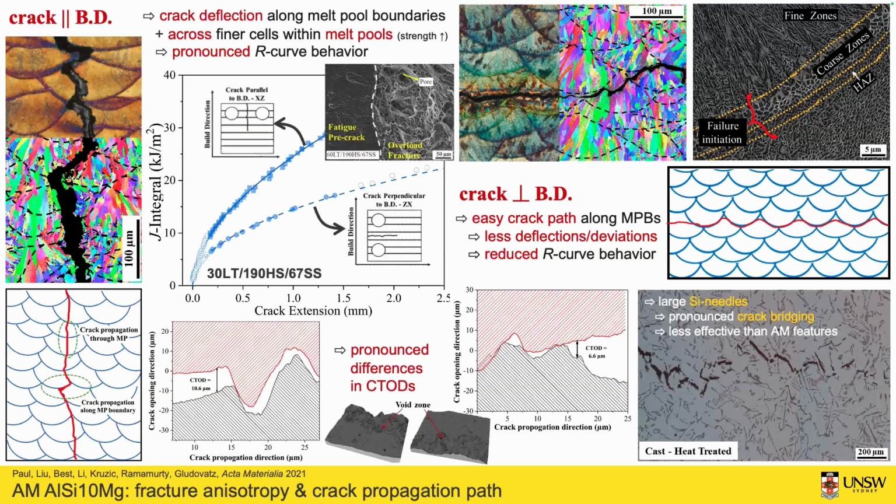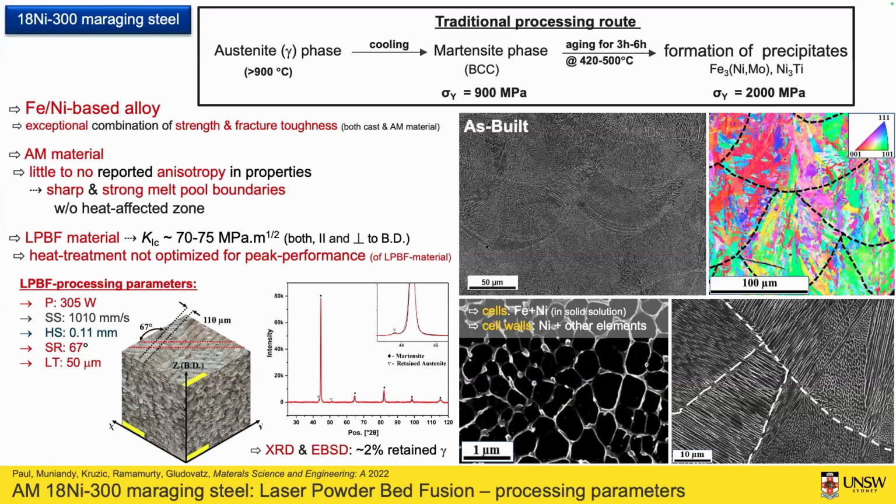So now that we've seen that melt pool boundaries obviously play a significant role in these aluminum silicon 10 magnesium alloys, we were wondering what happens in materials where we do not have such a pronounced melt pool boundary structure. In this case, we looked at this 18 nickel 300 maraging steel. This material is known to have a very good combination of strength and fracture toughness.